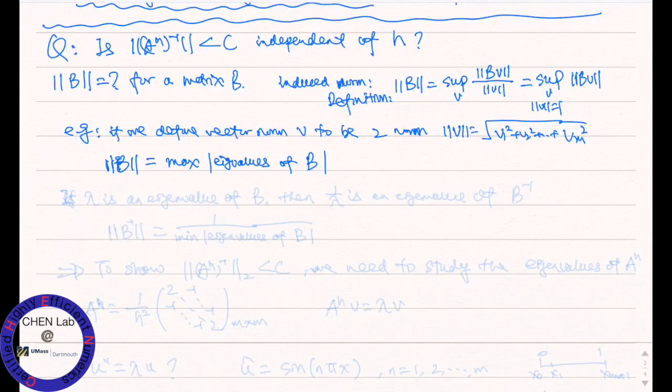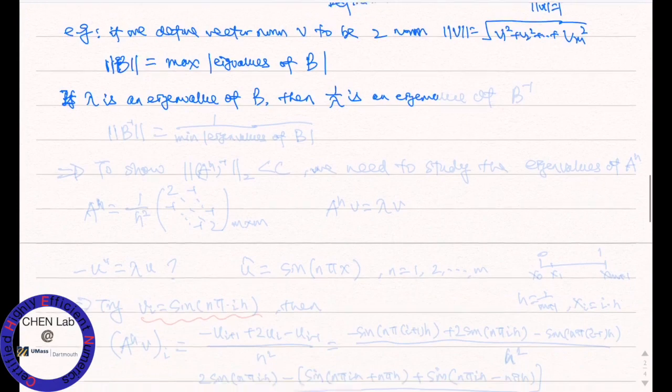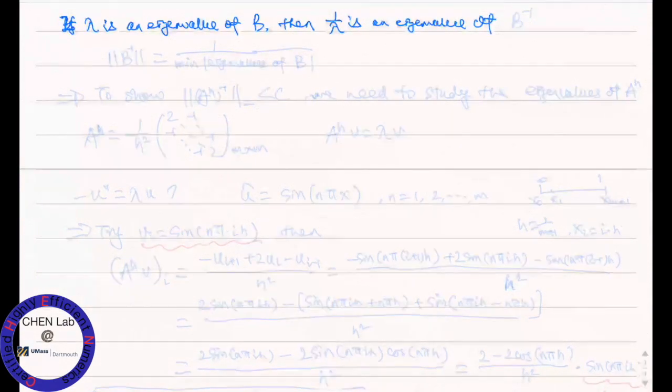Another thing to recall from linear algebra is that if lambda is an eigenvalue of B, then 1 over lambda is an eigenvalue of B inverse.